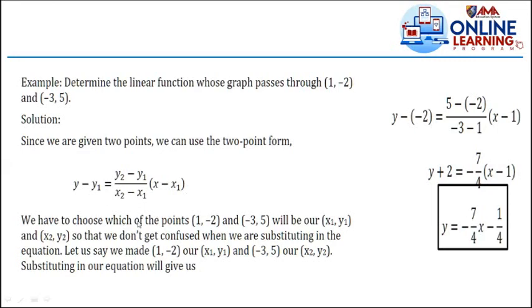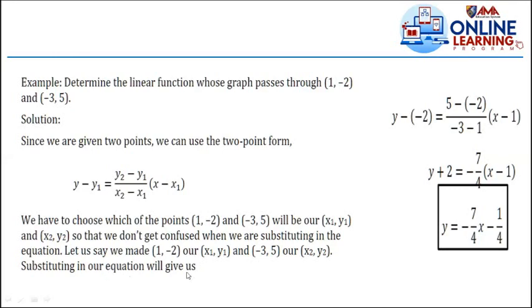We have to choose which of the points (1, -2) or (-3, 5) will be our x1, y1 and x2, y2, so that we don't get confused when we are substituting in the equation. Let us say we made (1, -2) our x1, y1 and (-3, 5) our x2, y2.